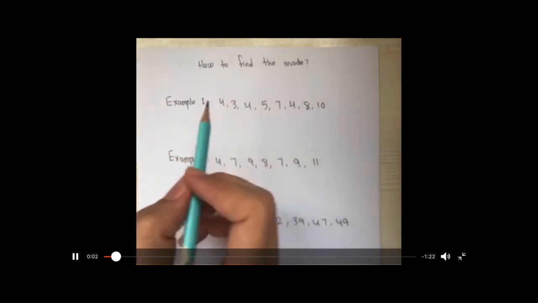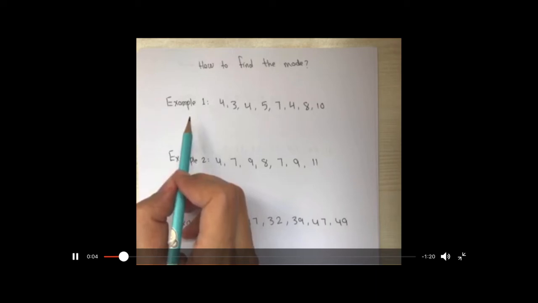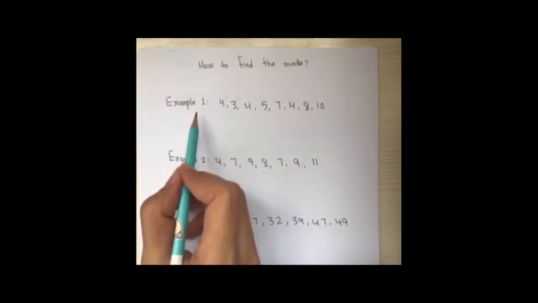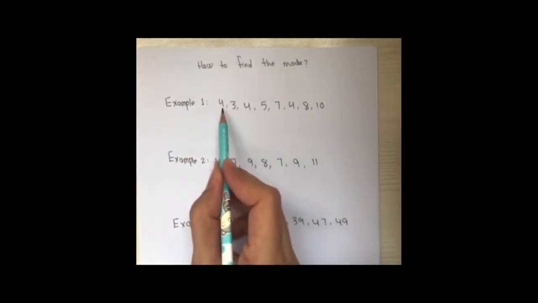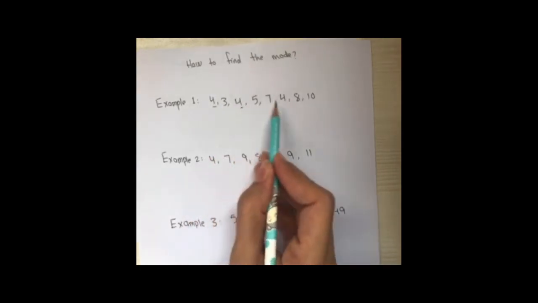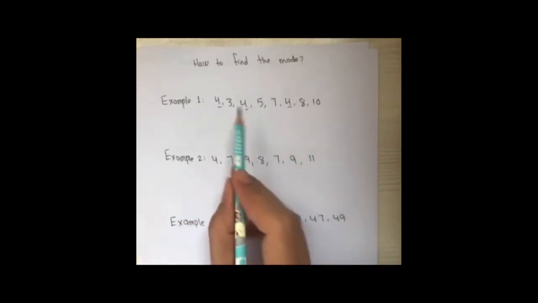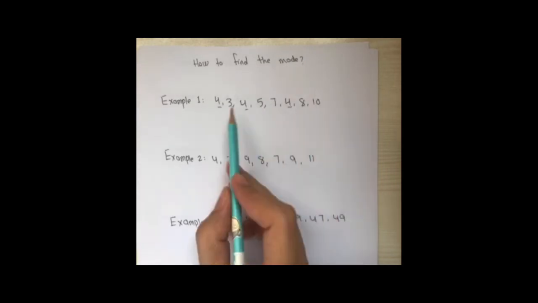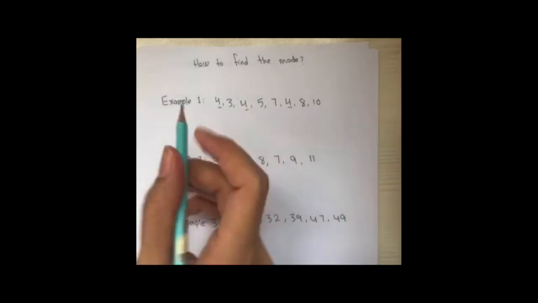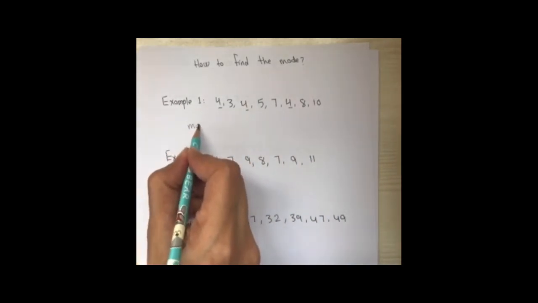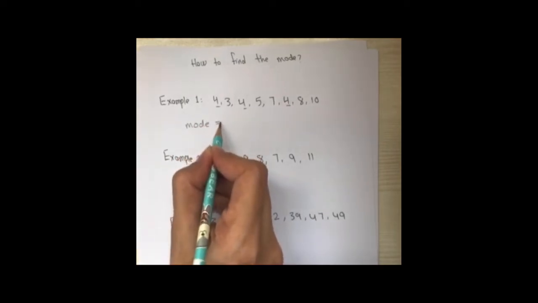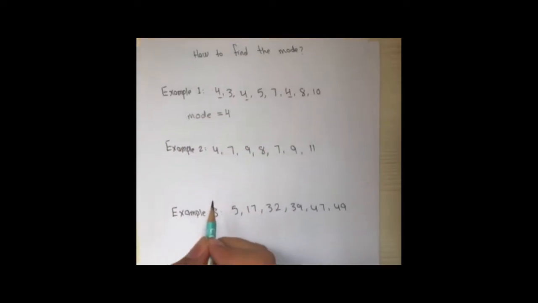So to find the mode, we just look for the most repeated number. In the first example, we can observe that 4 is repeated 3 times, while the other numbers are repeated once. Therefore, the mode equals 4. Very simple.